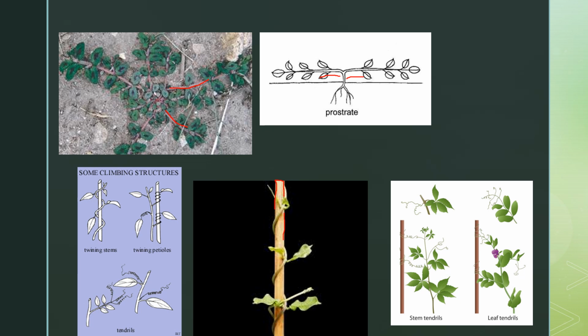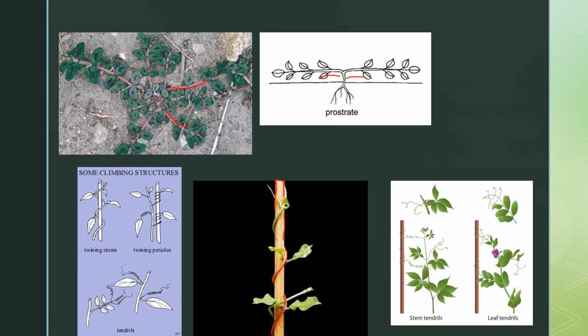The stem of the plant, because it's so weak, needs to be supported by this object. So the stem is twining around the object. It can twine by the stem itself, or it can use the tendrils or the rootlets.